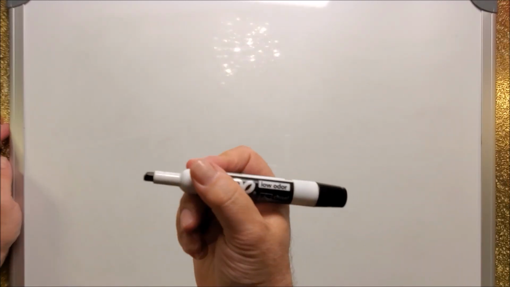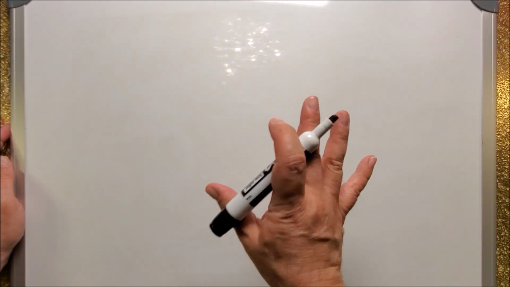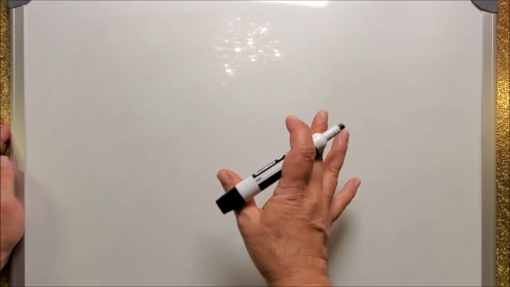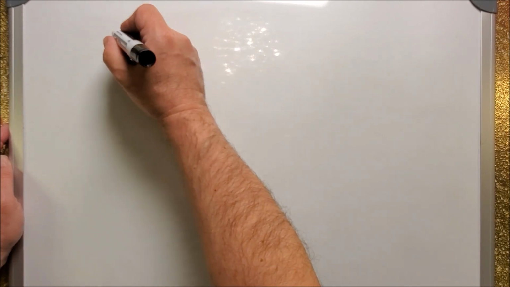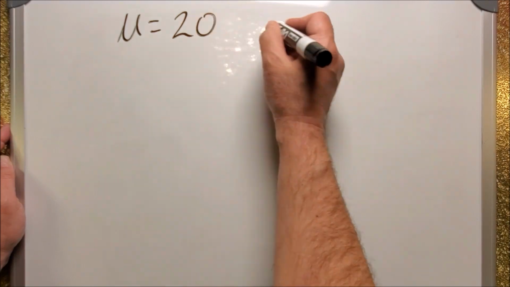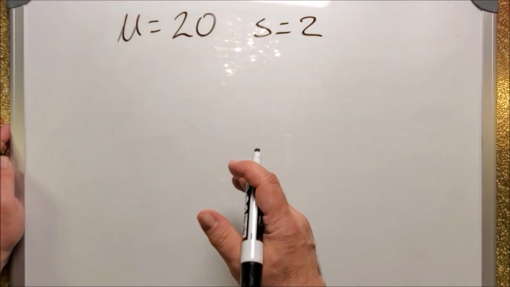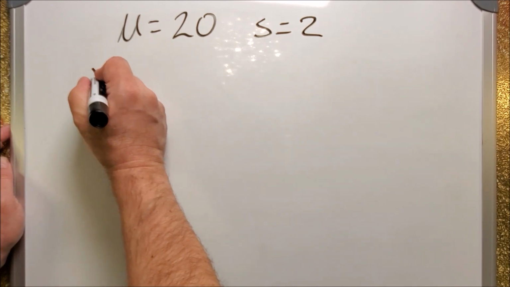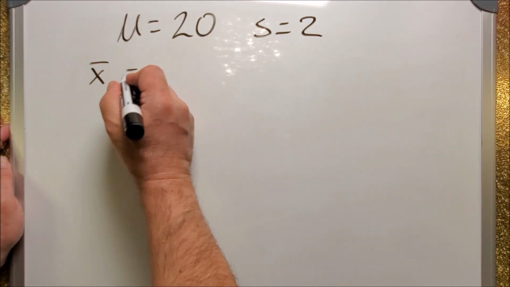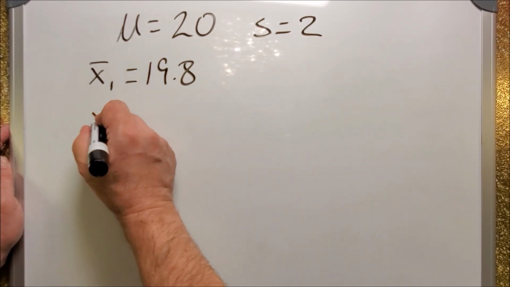So in imagining the sampling distribution, we're imagining taking every possible sample of some given size from the population. Let's go back to our population with a mean of 20 and a standard deviation of 2. And we're going to go through and take whatever that enormous number of samples is. We're going to take every last one, and we're going to get a bunch of different means.